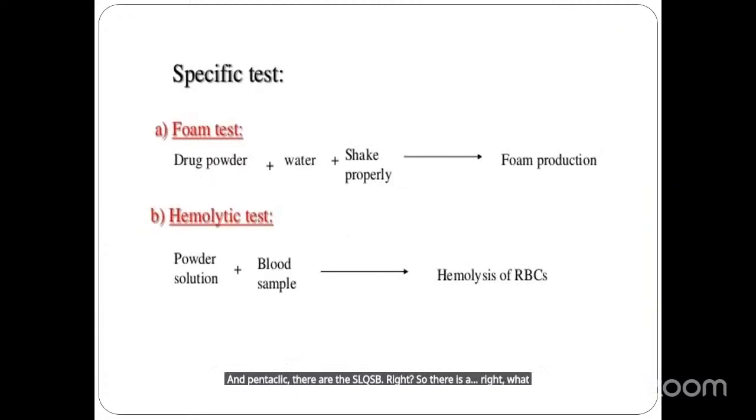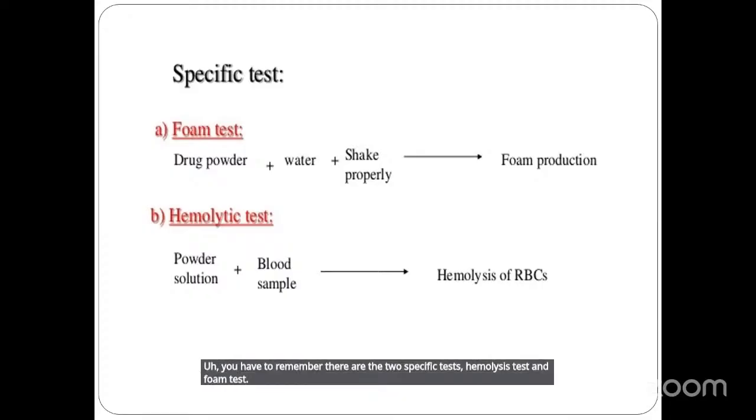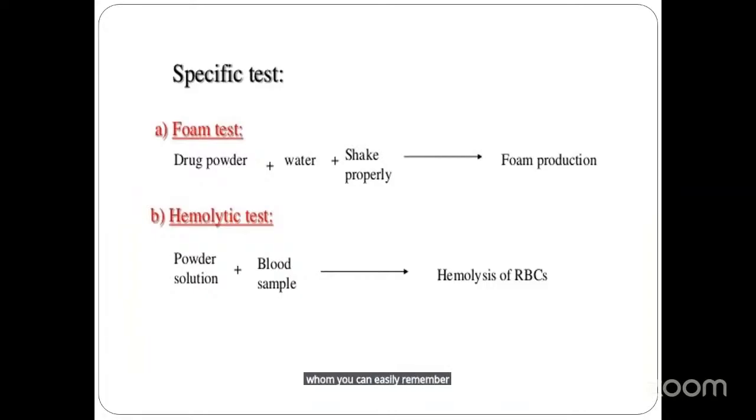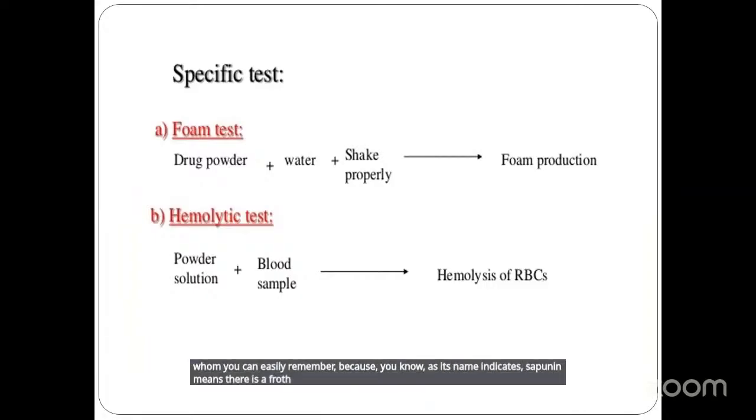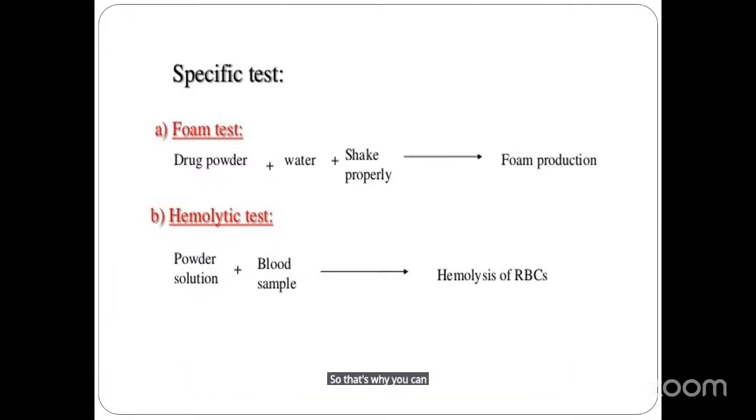What are the specific tests? You have to remember there are two specific tests: the hemolysis test and the foam test. Foam you can easily remember because, as its name indicates, saponin means a froth formation takes place. In the foam test, the crude drug powder is treated with water and you shake properly.